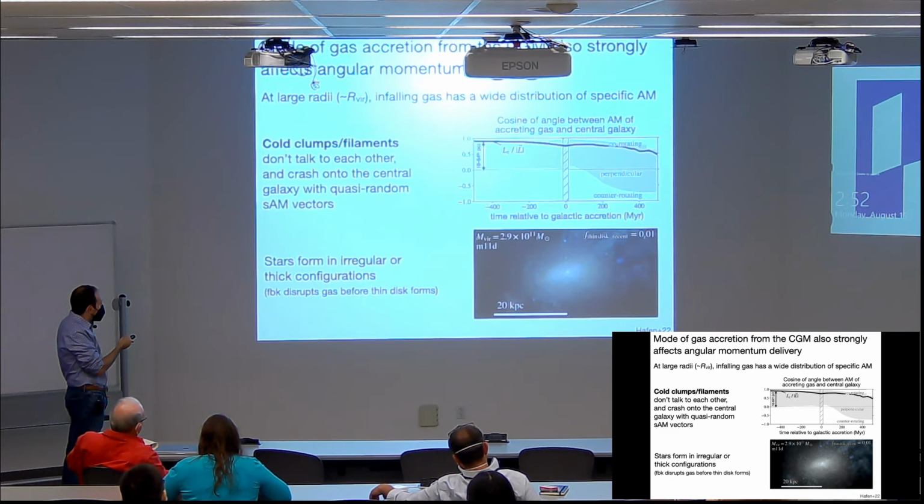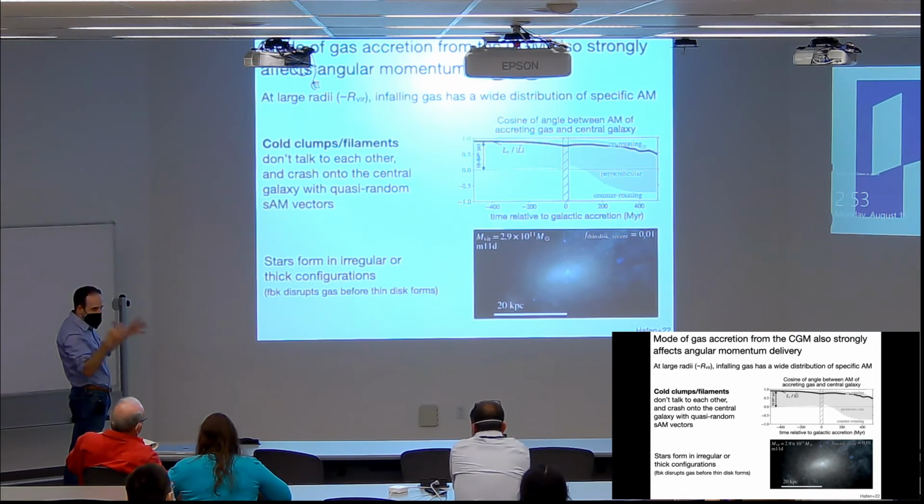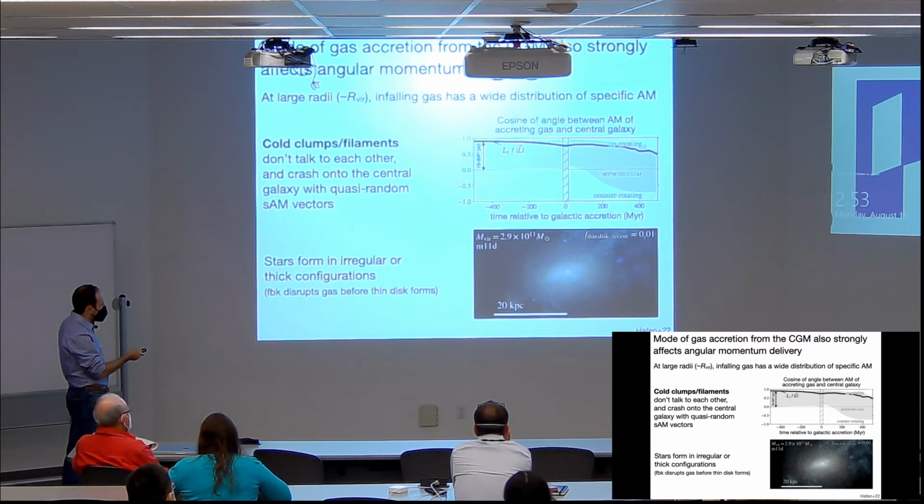What this shows is the width of the distribution of the cosine of the angle between the angular momentum of accreting gas and the angular momentum of the central galaxy. And here the horizontal axis is time relative to the time when the gas is going to accrete onto the central galaxy. So on the left, you see times well before the gas reaches the central galaxy, and at T of 0 is when the gas reaches the central galaxy.